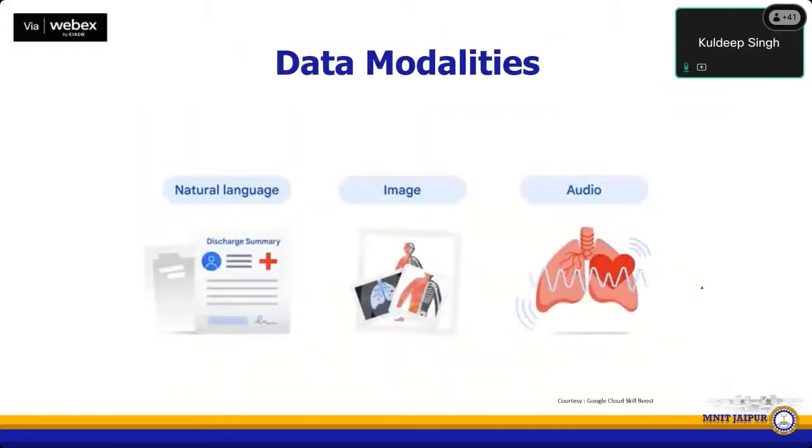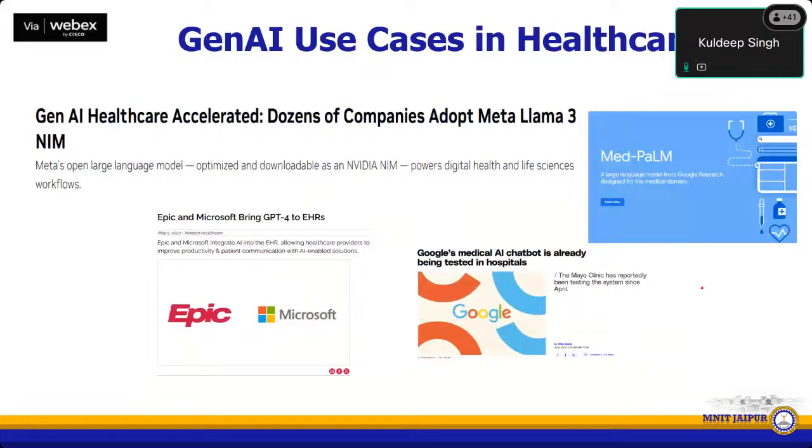We'll talk about some more generative AI use cases in real life. The earlier slide talked about where we can use these generative AIs. In this particular slide, I'll talk more about the actual implementation of these models, how they are being used in real life.